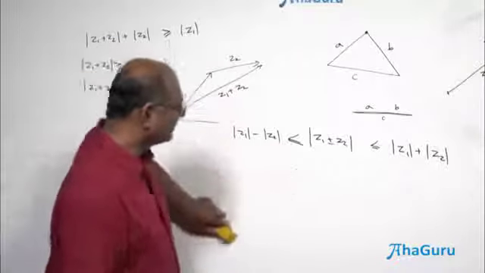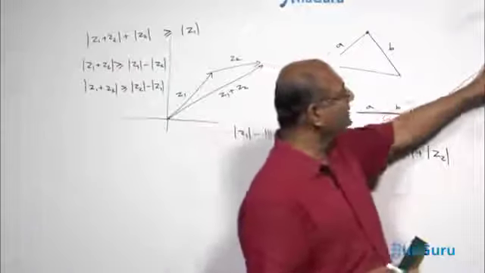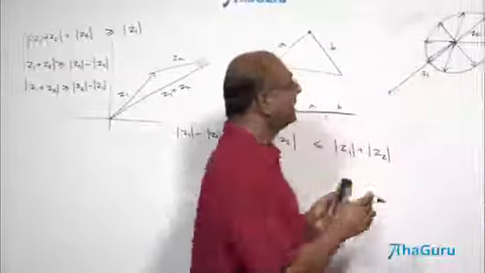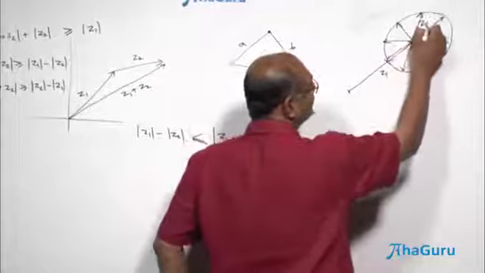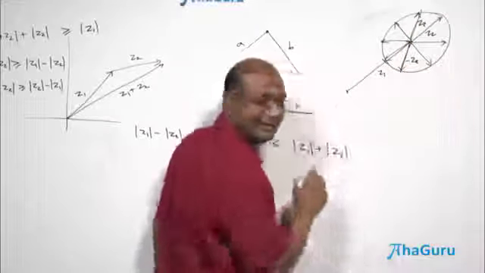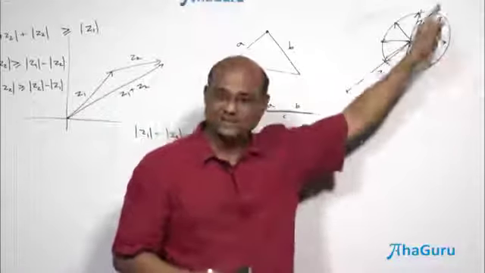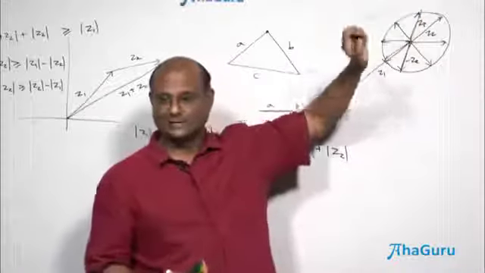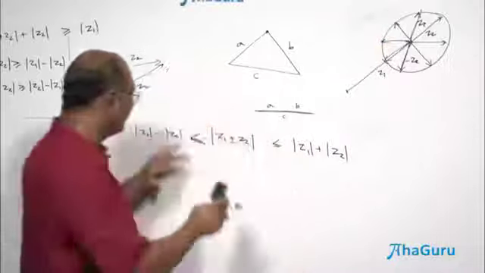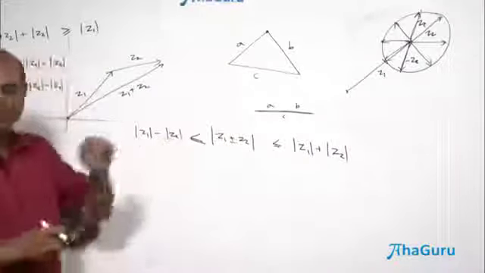I don't need to. You can see it very clearly that if this was Z2, this is minus Z2. If this was Z2, there is a corresponding minus Z2 sitting there. So whatever was true for Z2 is also true for minus Z2, because Z2 could be any of those directions, minus Z2 can be any of those directions, opposites, that's all. So therefore you can redo this just by saying Z1 plus or minus Z2.